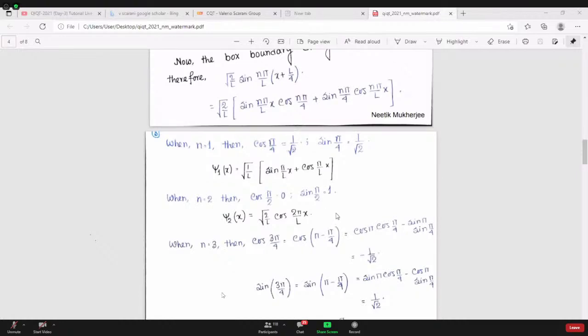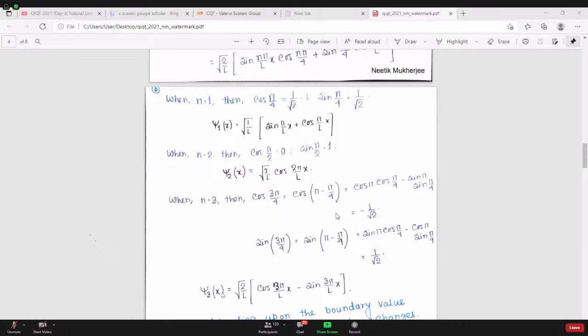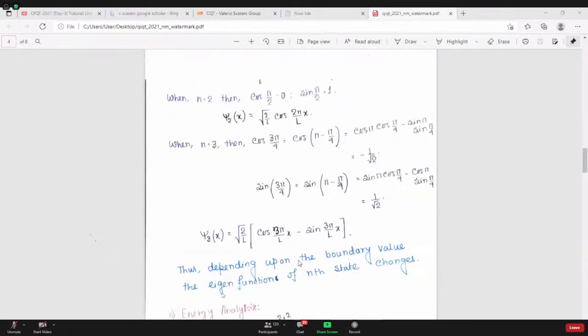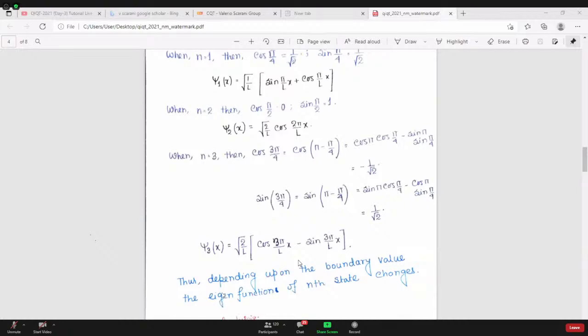Then when we move to the first excited state, that means n equal to 2, we see that the solution is of cos form. Similarly, when we choose n equal to 3, we see that the solution is again a combination of cos and sine function.